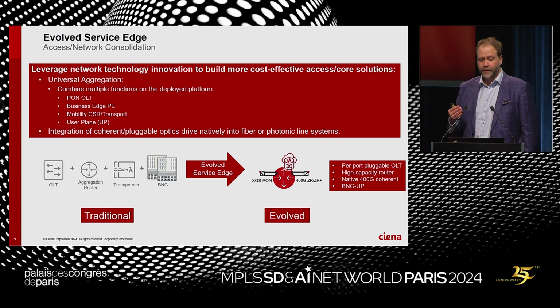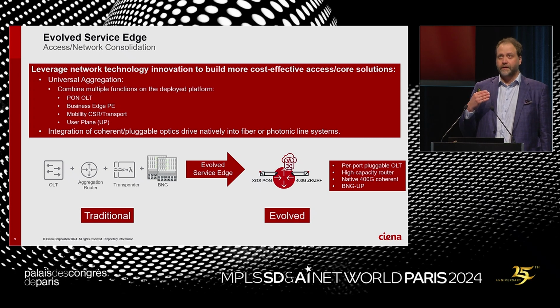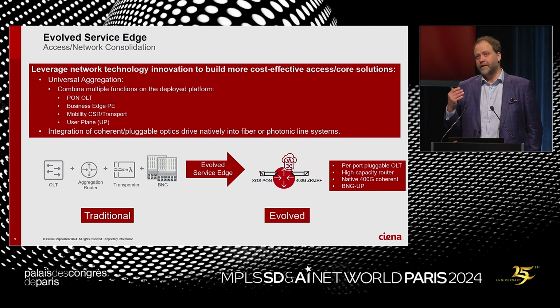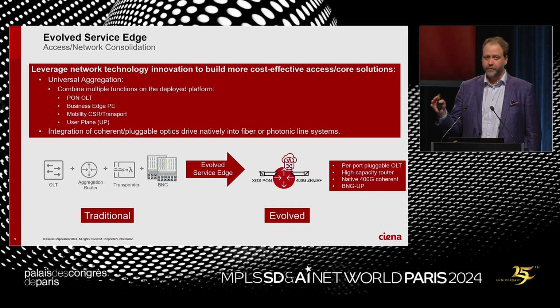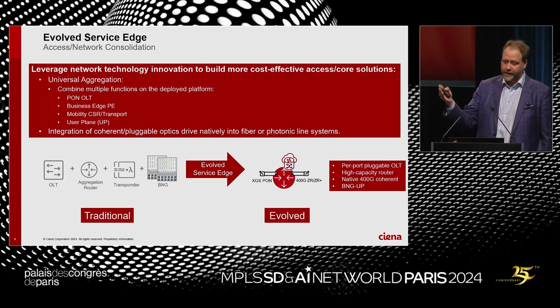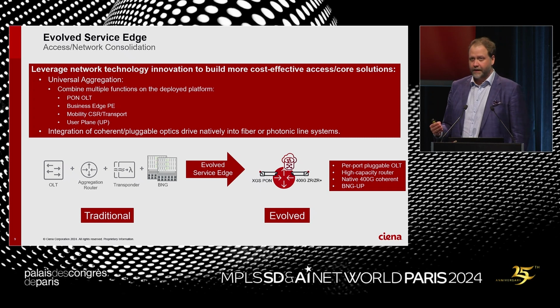Be able to use and deploy the technology on a single platform and provide the steering and the slicing and all of those different policy infrastructure interfaces on the same platform, so that you're not having to deploy multiple platforms in the same location to do the different service terminations. You can use a single platform and architect that accordingly.